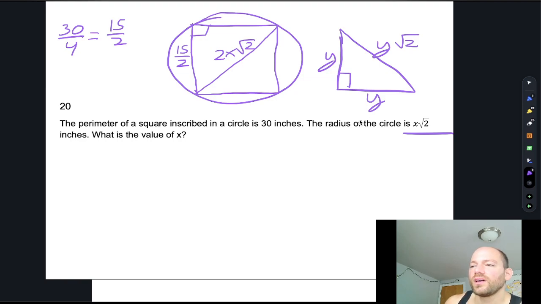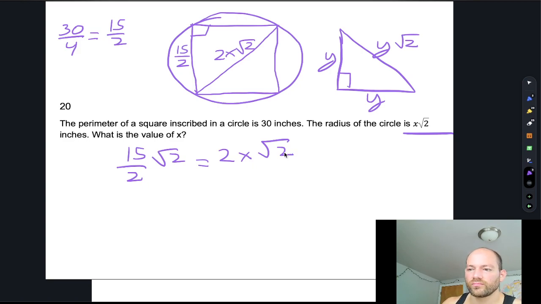So it looks like our 15 over 2 is our side, and our 2x root 2 is our hypotenuse, the y root 2 over here. So that means that 15 over 2 root 2 equals 2x root 2.